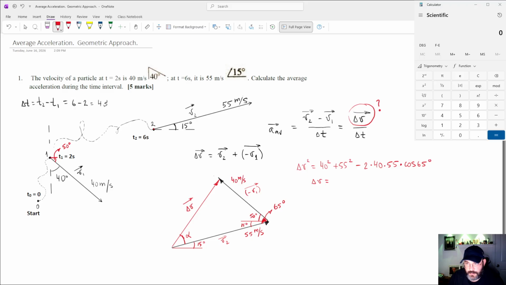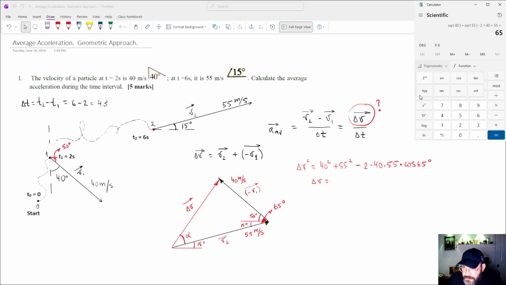So we can right away calculate our delta V. So let's use our calculator right there. Okay, so let's see. So we have 40 squared, right, plus 55 squared minus 2 multiplied by 40 multiplied by 55 multiplied by cosine of 65, make sure that your calculator is in degrees.